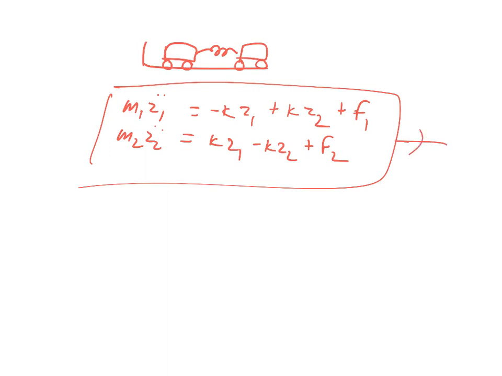So now the objective is, let's put it into state space form. The first objective is to get your states, x. Let's say the position and velocity of each cart are the states for the system. You will see why I chose these. Again, choosing states is not unique.